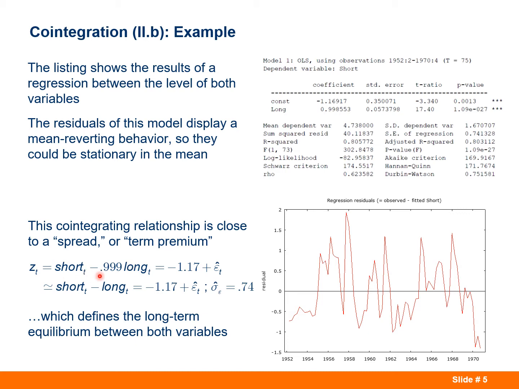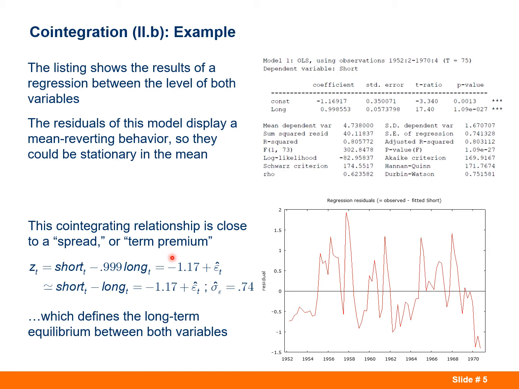So short minus 0.999 long would be equal to minus 1.17 plus epsilon t hat. This means that this difference, which we call Z_t, this would be a spread or a term premium, this difference would have a mean of minus 1.17.